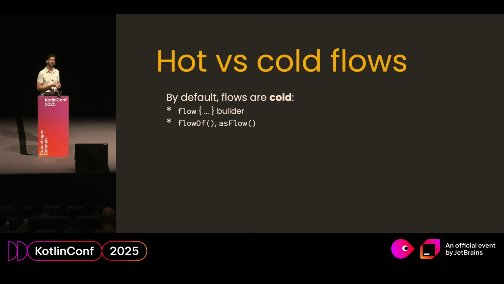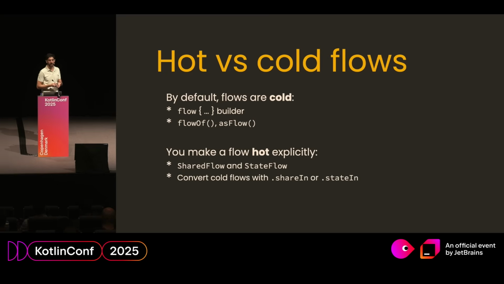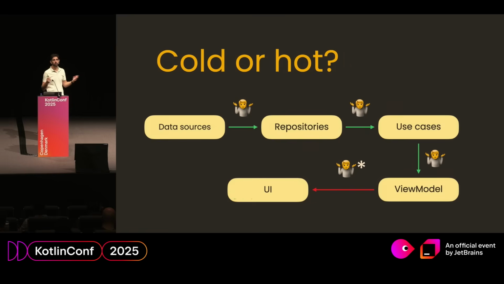These are extension functions that you normally have on collections. And then for hot flows, we have the SharedFlow and StateFlow APIs. If you want to convert a cold flow into a hot one, you can use shareIn or stateIn.